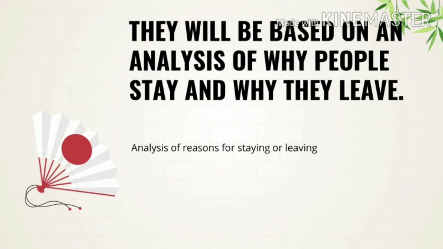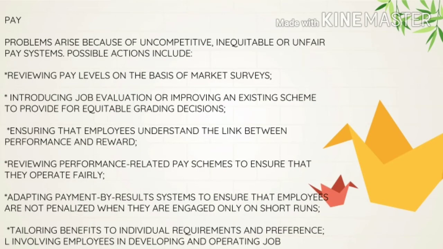The actions to be considered under each heading are listed below, and I will discuss it later. The first one will be pay. This considers the compensation and benefits that employees will receive. So, problems arise because of uncompetitive, inequitable, or unfair pay systems.